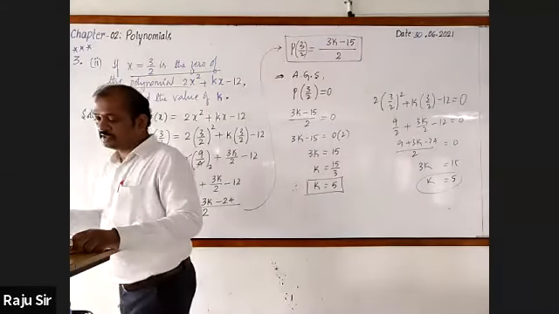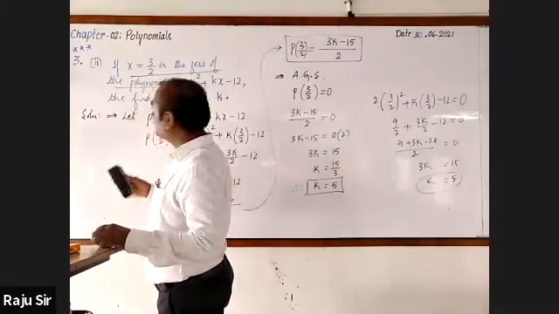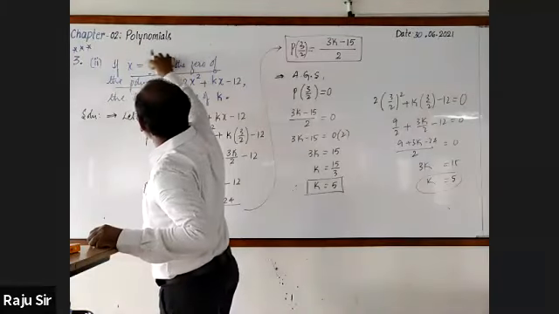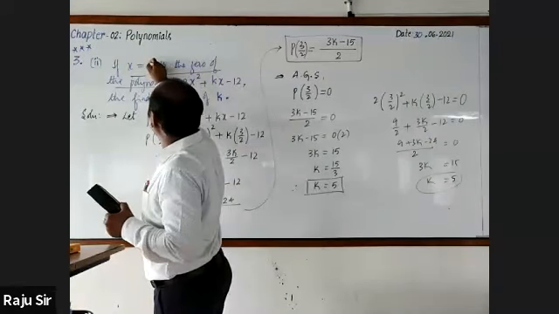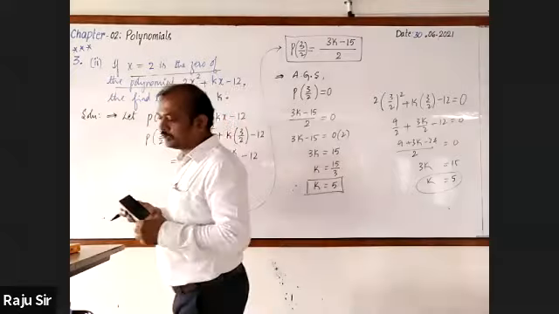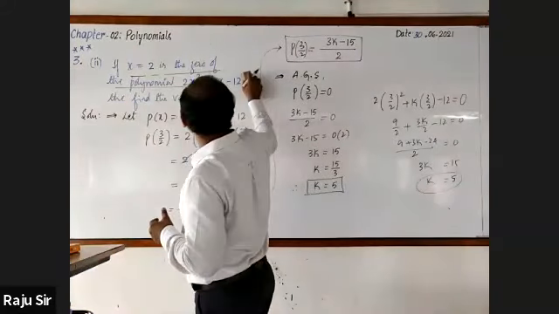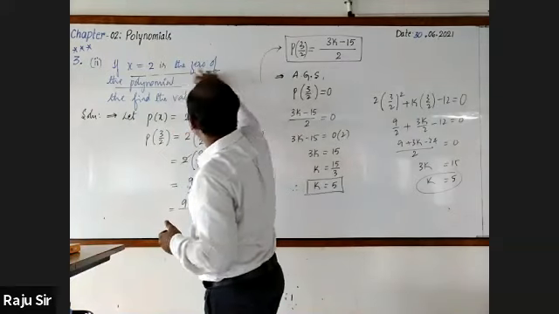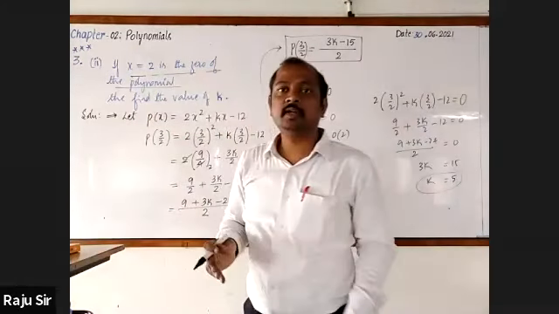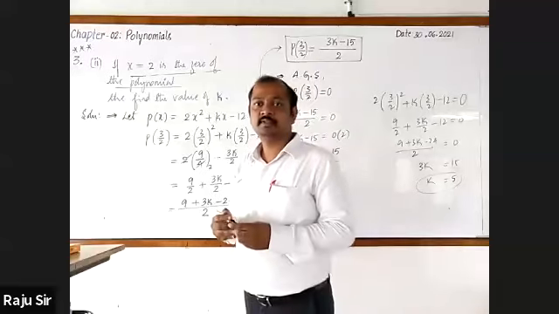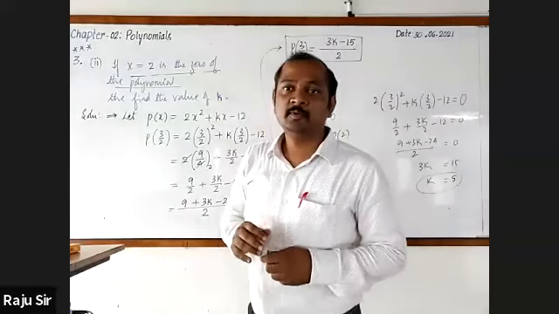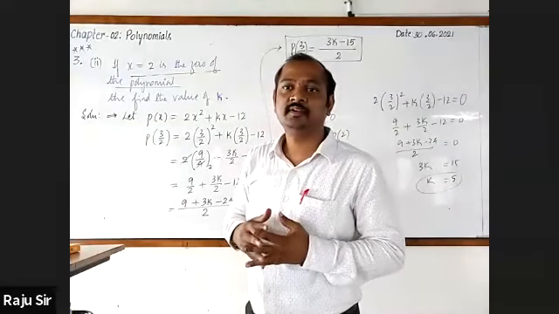The question is a simple one. If x equal to 2 is the zero of the polynomial, they have given a polynomial of degree 3, a cubic polynomial.